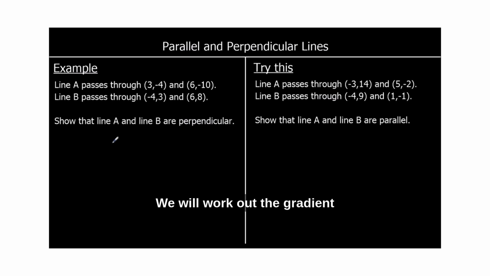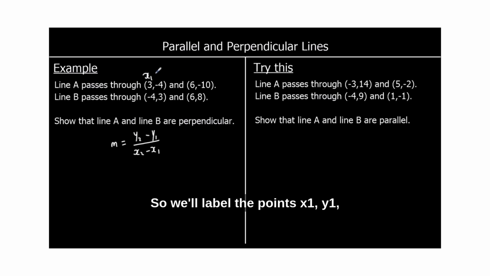We will work out the gradient by working out the change in y divided by the change in x. And we can use the formula m is y2 minus y1 over x2 minus x1.